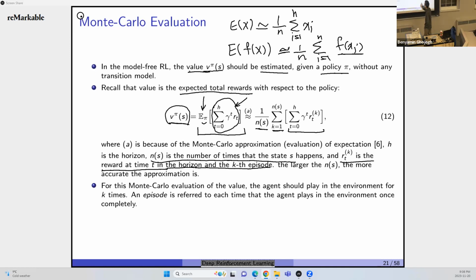What do I mean by episode? Here, I'm playing the game from start to the end once, then I play it again, and again. When I say approximated by Monte Carlo approximation, you are approximating by the average over the number of times that this state happens, but across what?